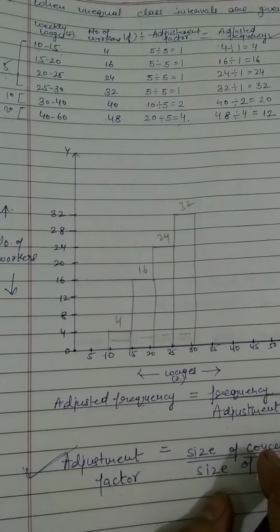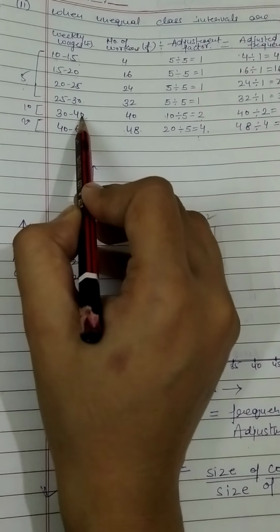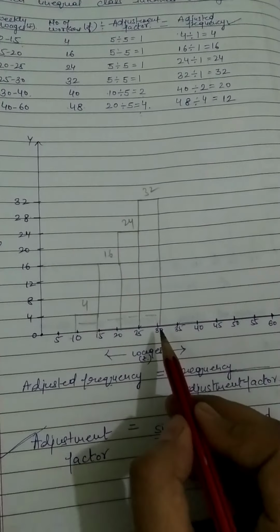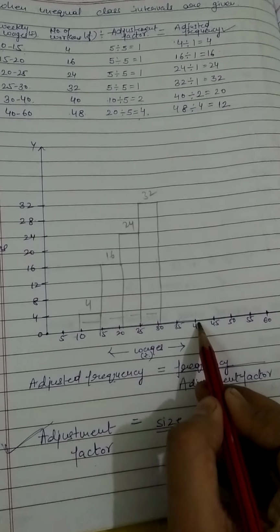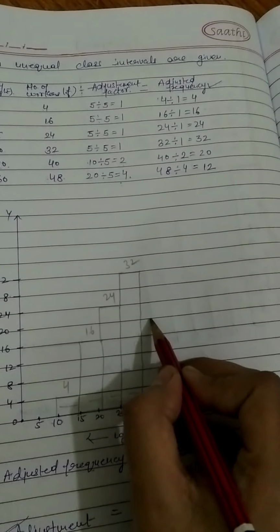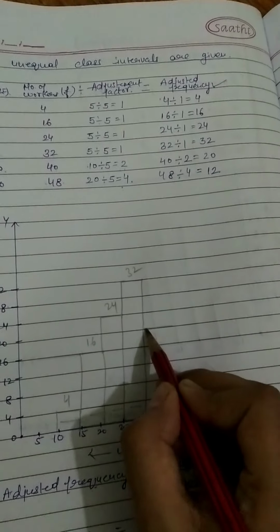Now we have unequal class interval from here, 30 to 40. From 30 to 40 the adjusted frequency is 20, so we will plot 20.